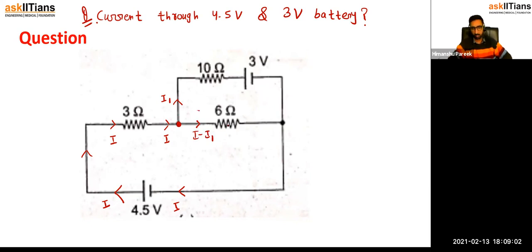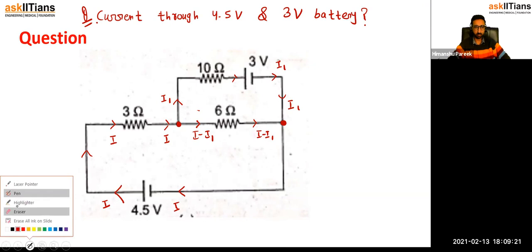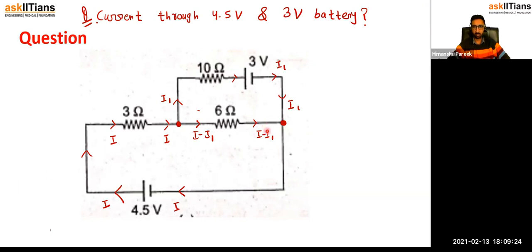Now the current I minus I1 would be coming here like this. This I1 will flow here. There is no branching. And this I1 will reach over here. So finally, what is happening at this junction? Let us verify. I minus I1 is coming from the left side and I1 is coming from the top. Total it will accumulate and get added, from KCL.